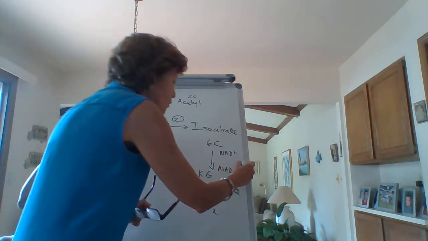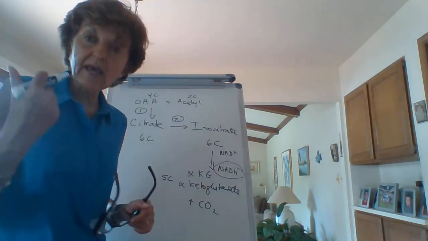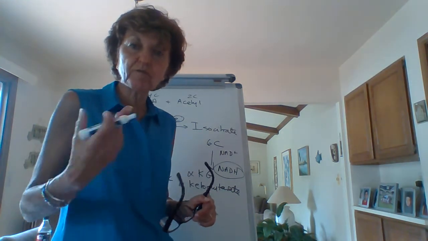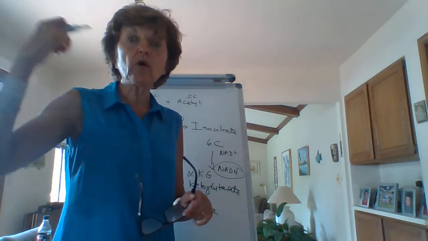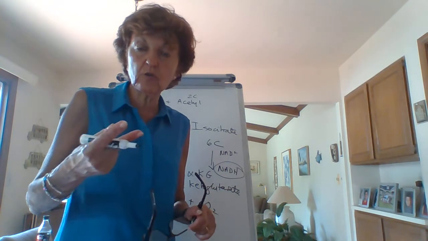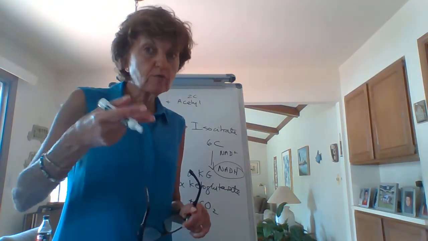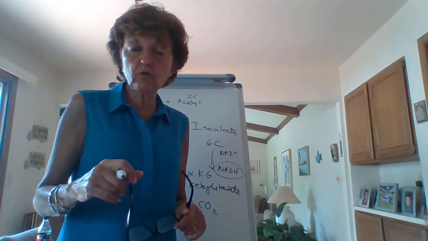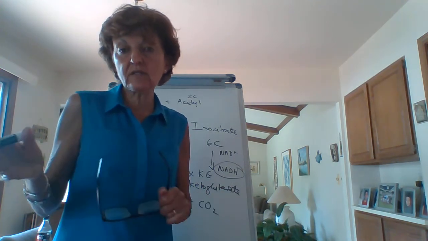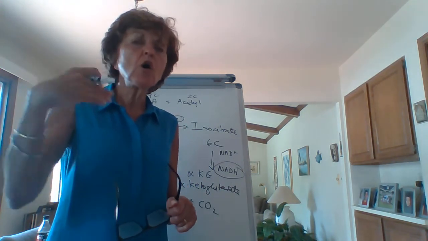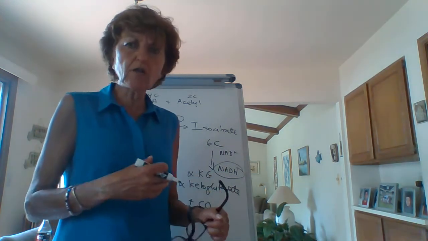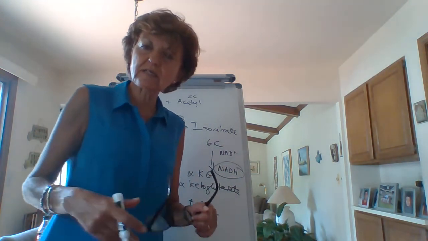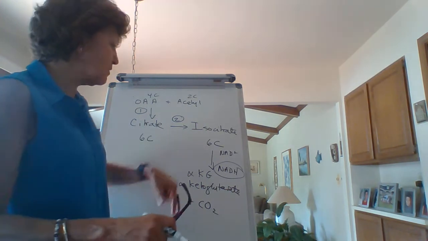This is important because we're going to be counting how many NADHs we produced in the Krebs cycle. We already counted that we produced 2 in glycolysis. We produced 2 in that transition reaction between glycolysis and the Krebs cycle. We're going to add them all up at the end and we'll have a nice accounting of everything. But right now, let's go through the motions.